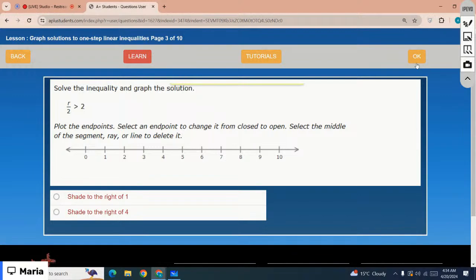When you solve the inequality, the solution is r is greater than 4, right?